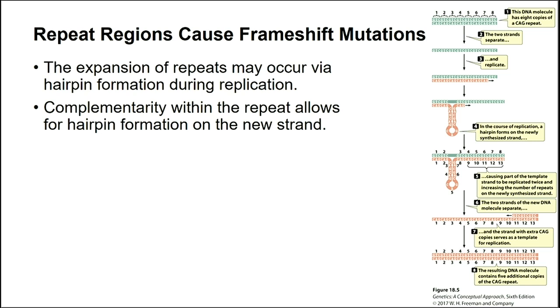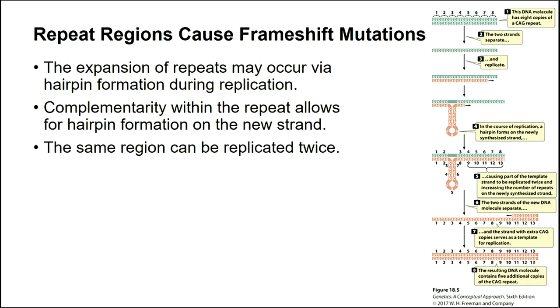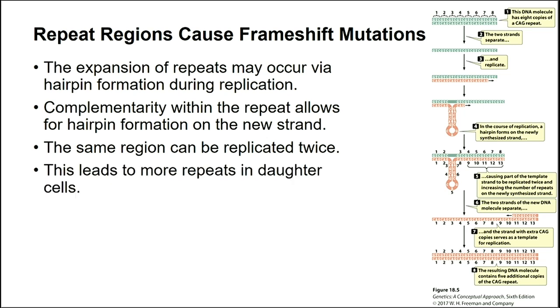Remember, hairpins are when you have regions with inverse repeats that are able to bind to themselves. So now we have the formation of a hairpin in the new strand, which means when this hairpin forms, the DNA polymerase is going to replicate this same region twice. So this region of the DNA is replicated more than once, which is going to make this region longer. So this leads to more repeats in the daughter cells.